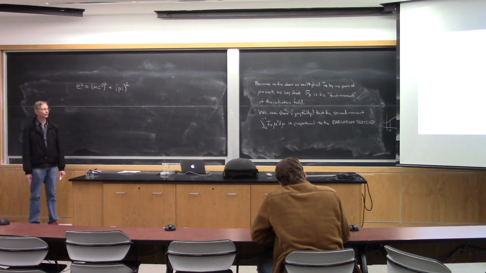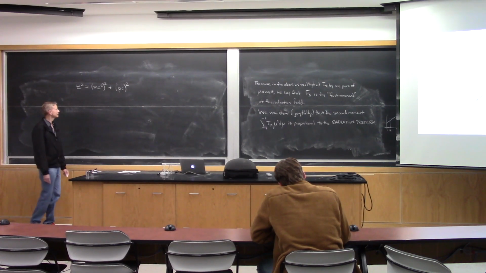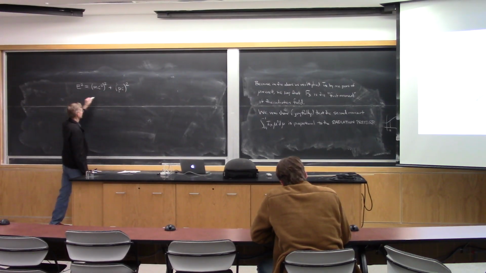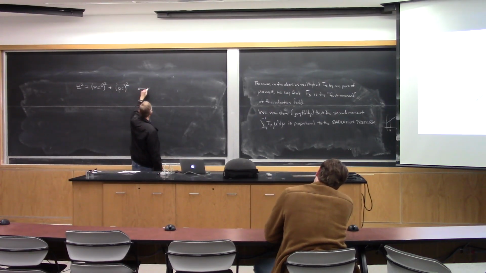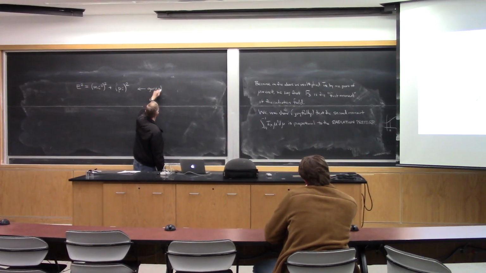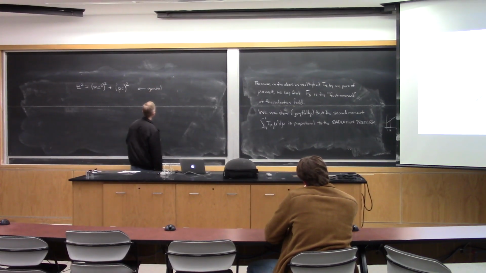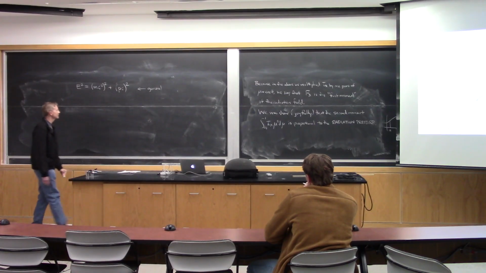In natural units, which I much prefer, it's just E squared equals m squared plus p squared, because in natural units you just make the speed of light be 1. Okay. General. Give me any particle, tell me its mass, tell me its momentum, that's its energy.